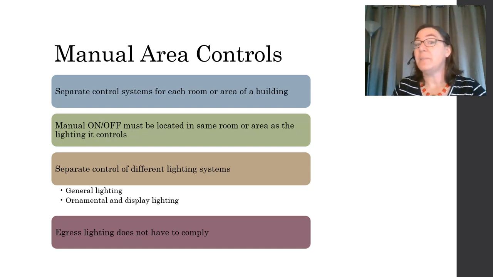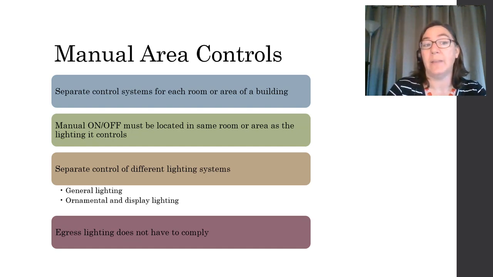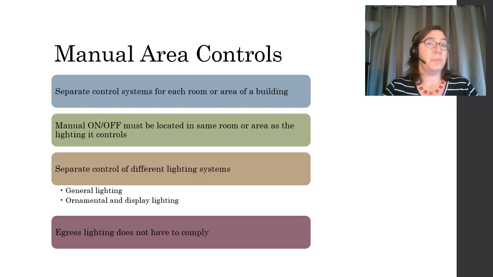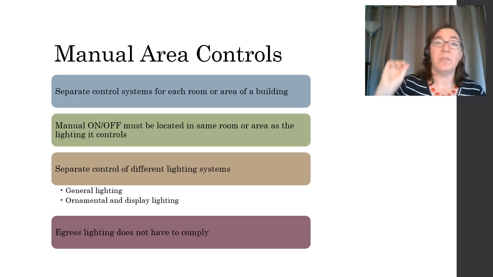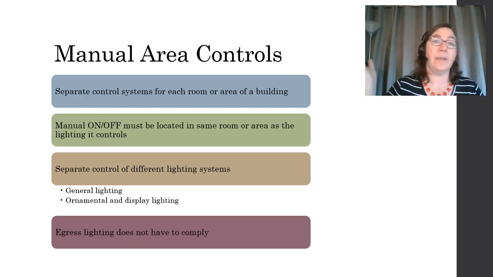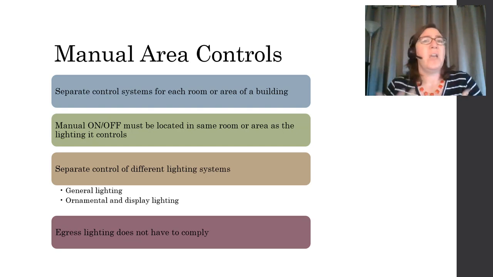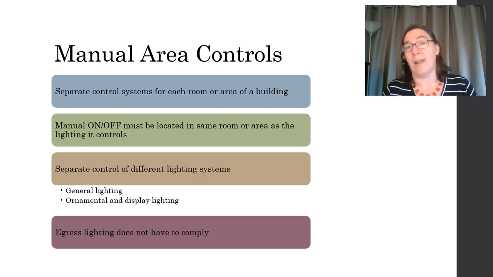And that has to be in the same room or area as the lighting it controls. This is a little special. It's because the building could be quite large, and you want to make sure that someone leaving that area can go ahead and turn it off without going somewhere else and finding the lighting control.